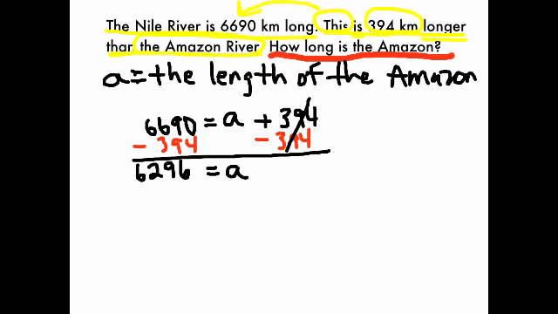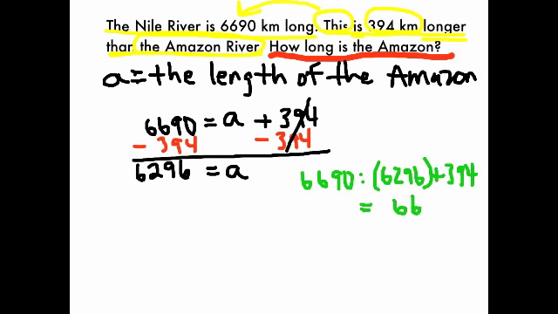So let's actually check this now. We'll do our regular check step. So we get 6,690 equals, in parentheses, 6,296 plus 394. So order of operations, 6,296 plus 394 is 6,690, and that is the same on the other side.